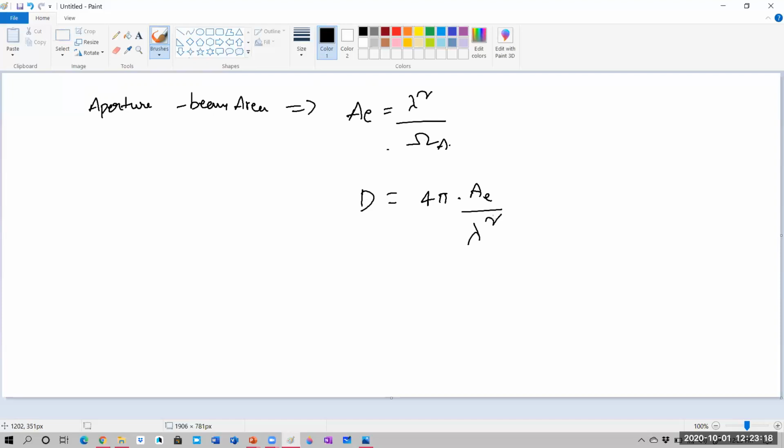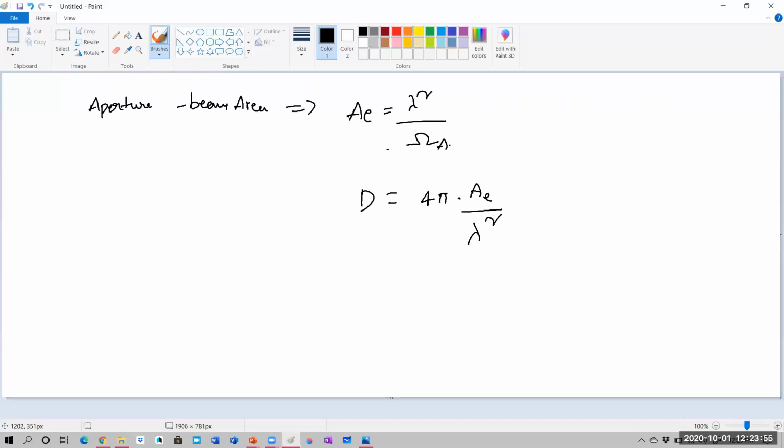These are the directivity from aperture and aperture beam area relations. As we know the directivity formula from our last class, by substituting these values we get this one. All of you please go through these formulas frequently, then only can we understand the formulas and their interrelations. Without good practice, we can't do anything.